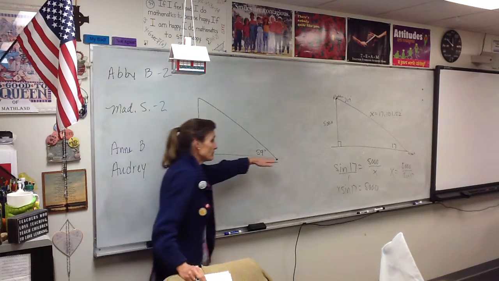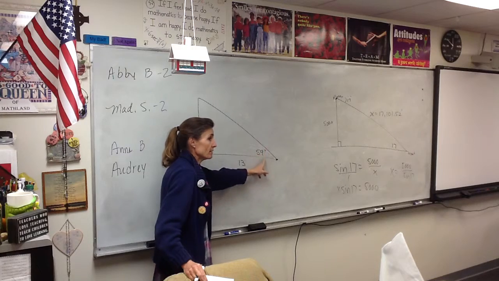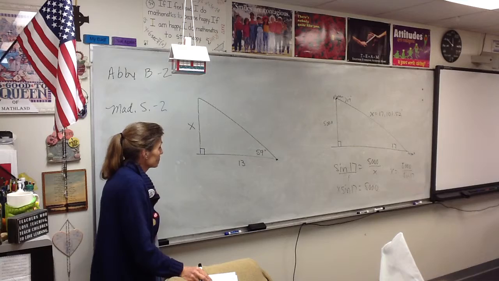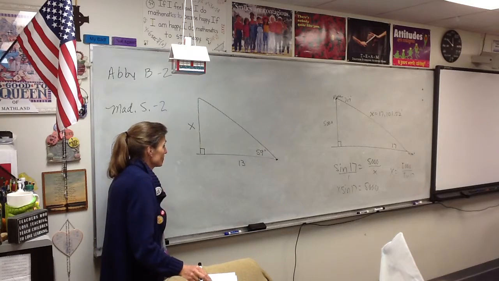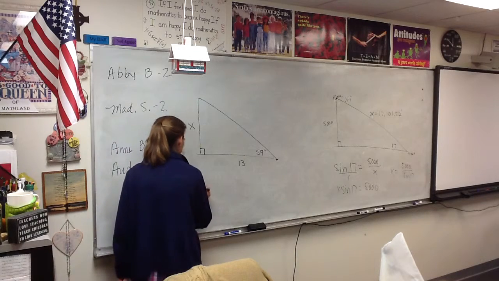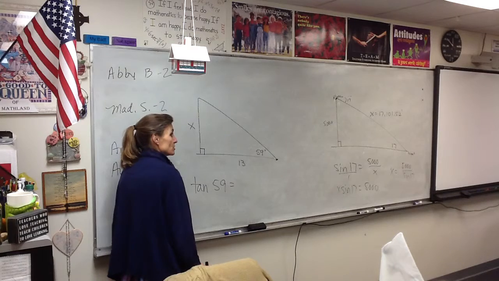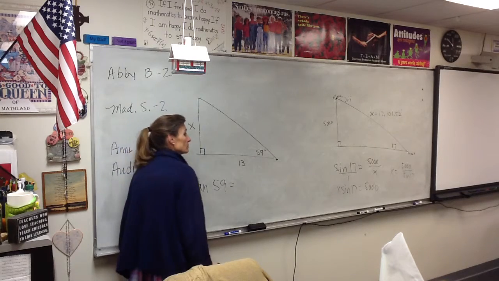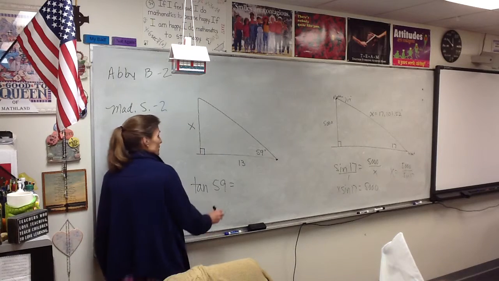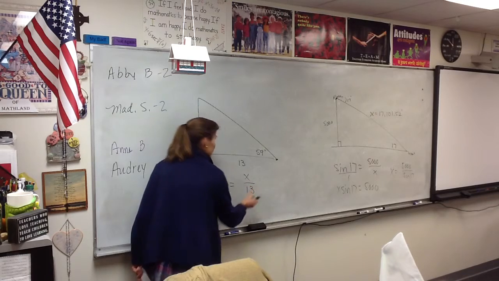Angles of elevation look up. That's it right there, that's your angle of elevation. Which function? What's your equation going to look like this time? Tangent 59 equals what? Tangent of 59 equals x over 13?